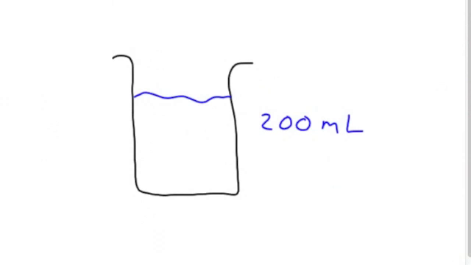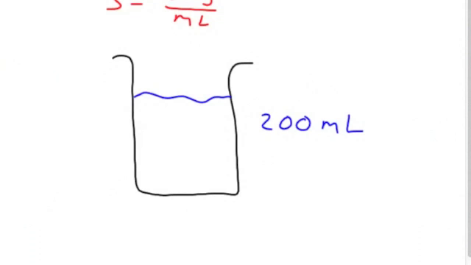Let's say the solubility of some random substance is equal to 50 grams per milliliter.